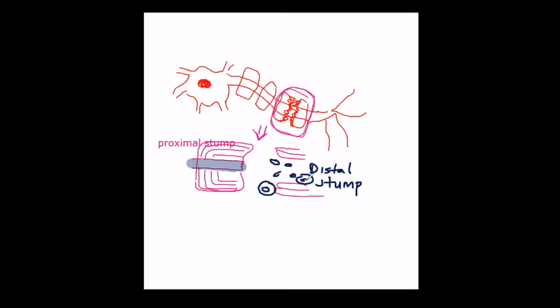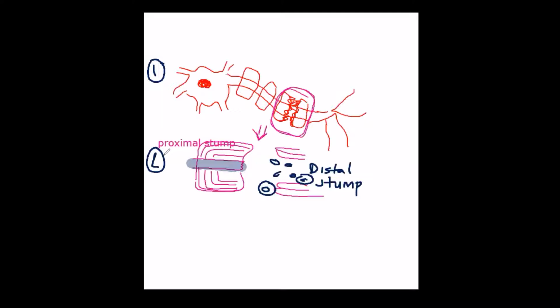So what we have here is, for our step 1 so far, we've had an injury occur to our axon, right? And in step 2, I'll highlight that here. So step 2, we've had fragmentation of the axon. So the axon has broken apart, and the myelin sheath has as well. And this is going to occur in your distal stump.